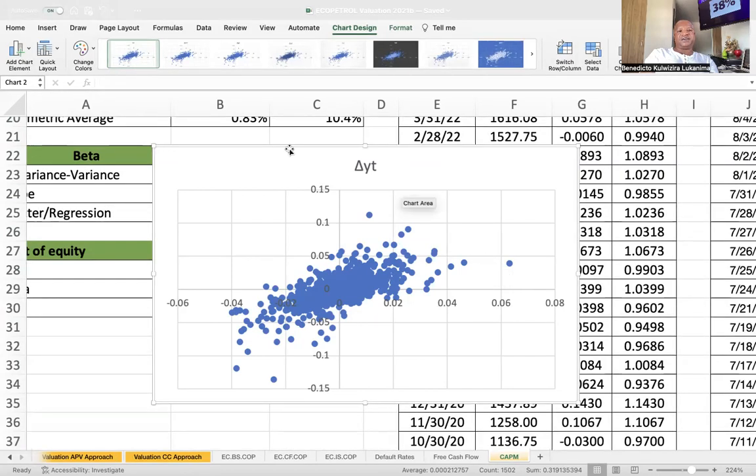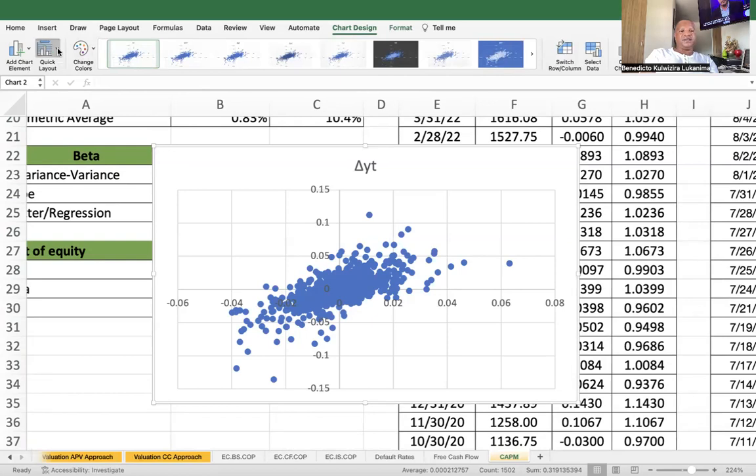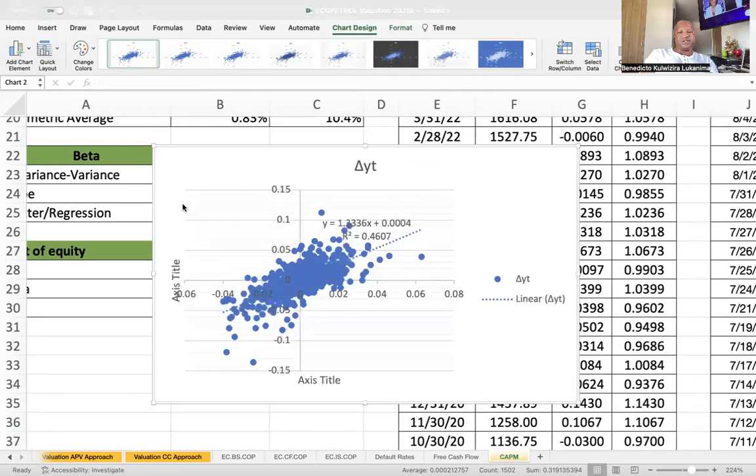So we are going to add a regression function by going to quick layout. In quick layout, we choose the one with fx, that means with a function, with an equation. So the equation will appear like this. I'm going to move it somewhere there.